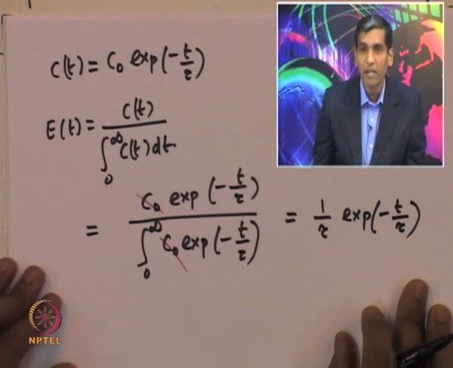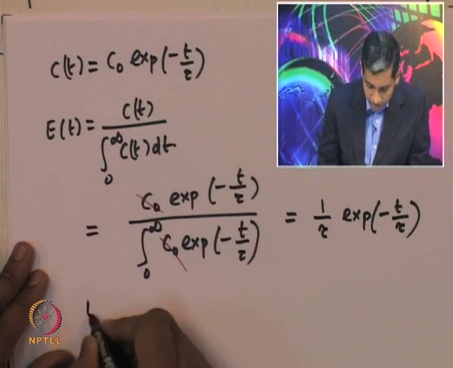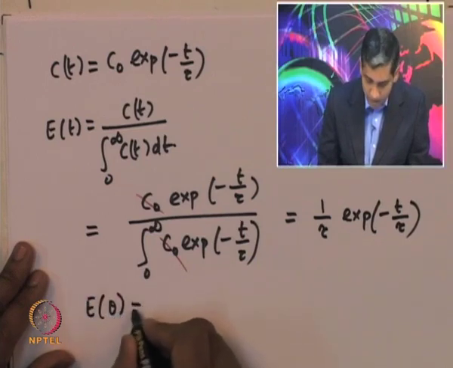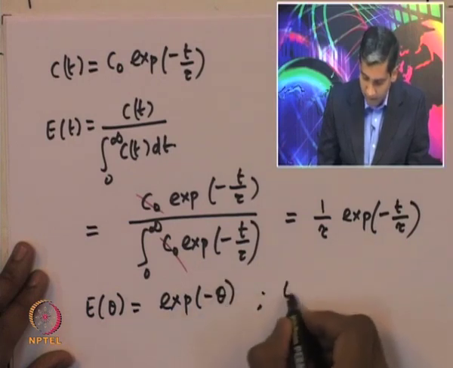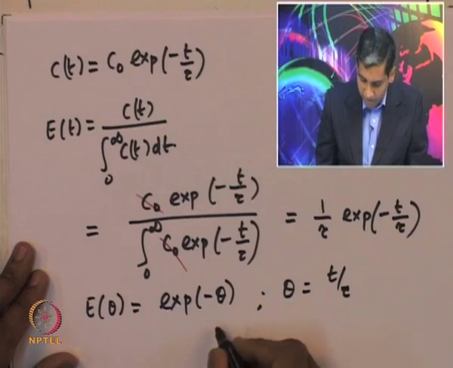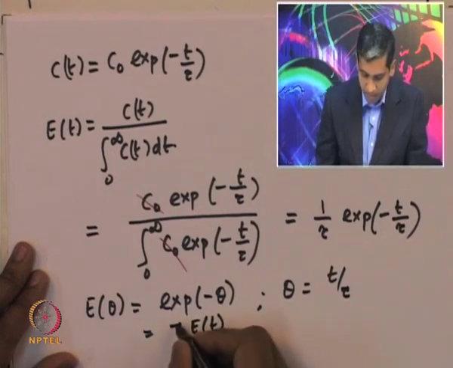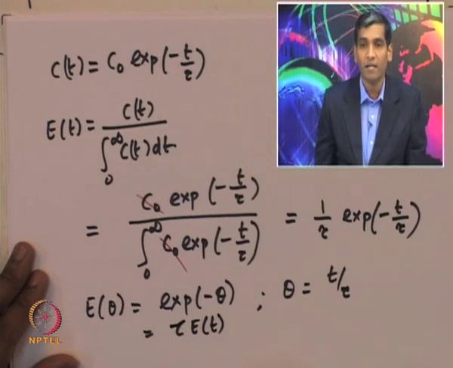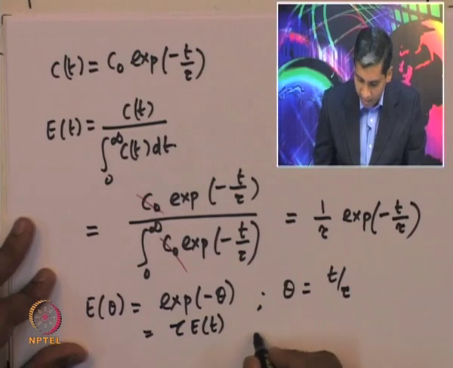Now, in terms of the dimensionless, normalized RTD function, E of theta is essentially given by exponential of minus theta, where theta is t by tau, and E of theta is nothing but tau into E of t. So, that is the normalized residence time distribution function, and now we can find the F curve.